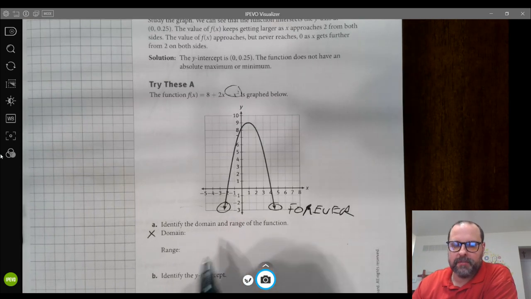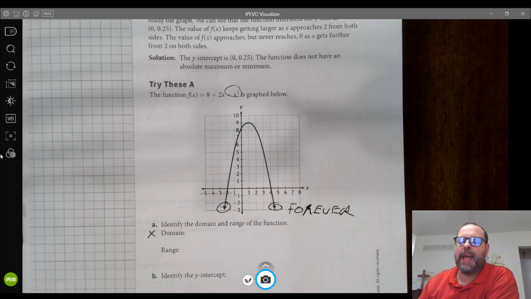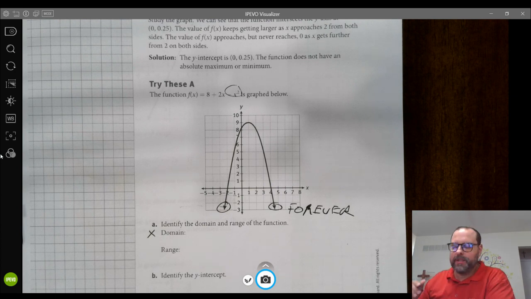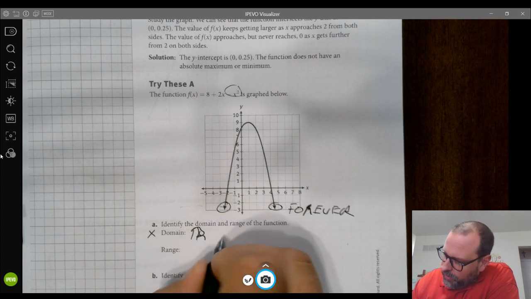If you haven't seen that movie, you need to see it. So that means it doesn't have a starting and ending point. It looks like the arrows are pointing more down, but x is left and right. Will it continue to go left and right as it goes down? Yes. What does that mean? That our domain is all real numbers.